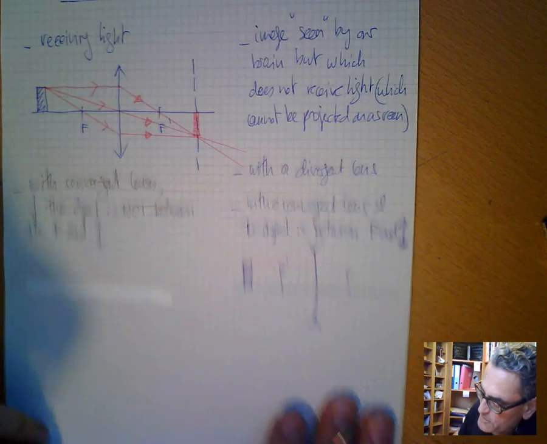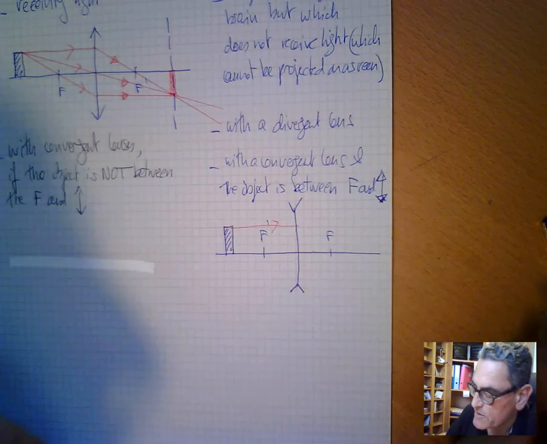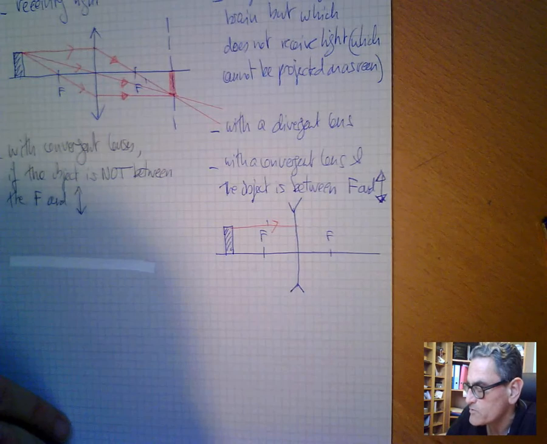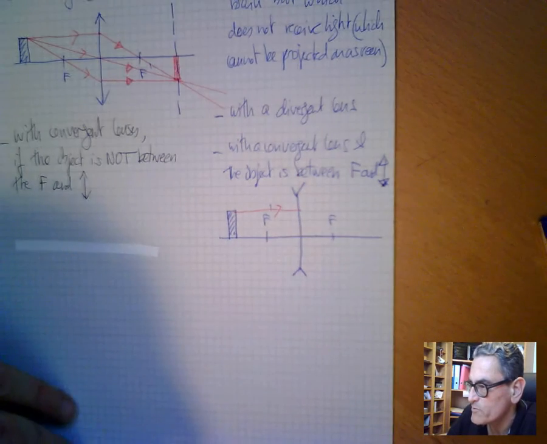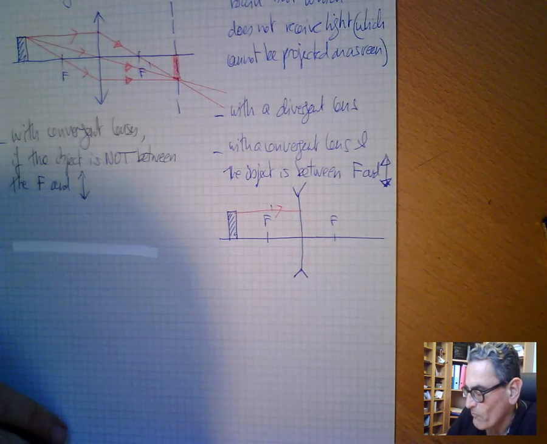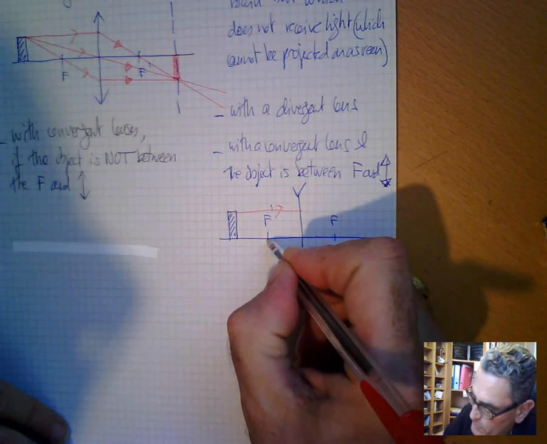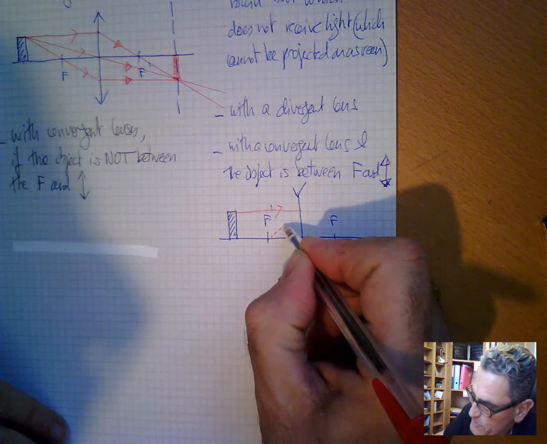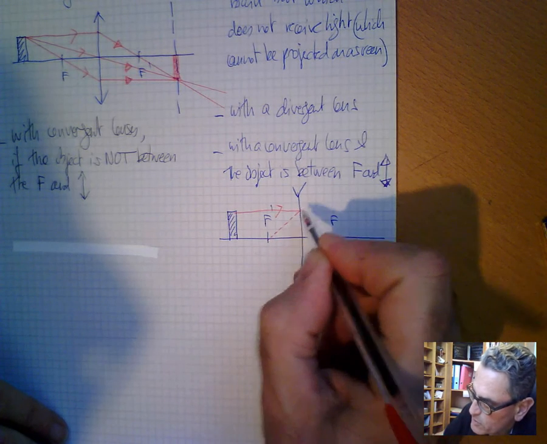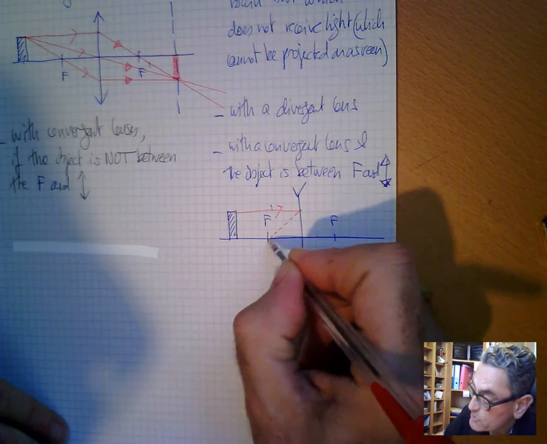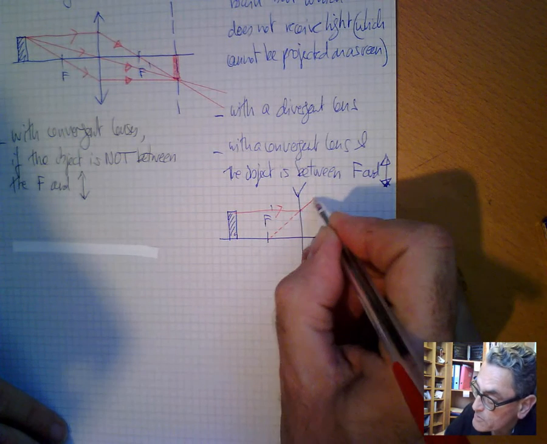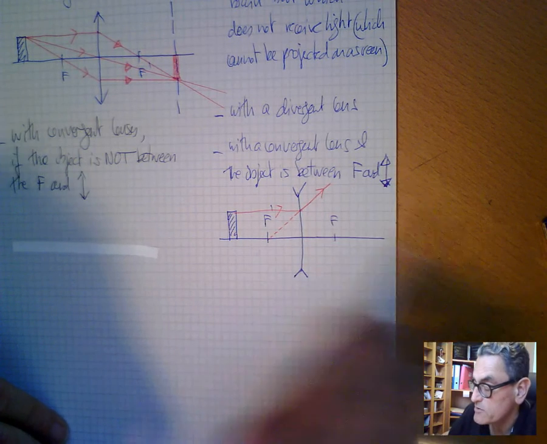Okay, this is the ray which comes in parallel to the optical axis. Where is it going, this ray? How do you compute that? Through the focal point? Yeah, the focal point gives you the direction, okay? So you draw a line here, but this is a construction line. There is no light traveling here, and your light continues like that.